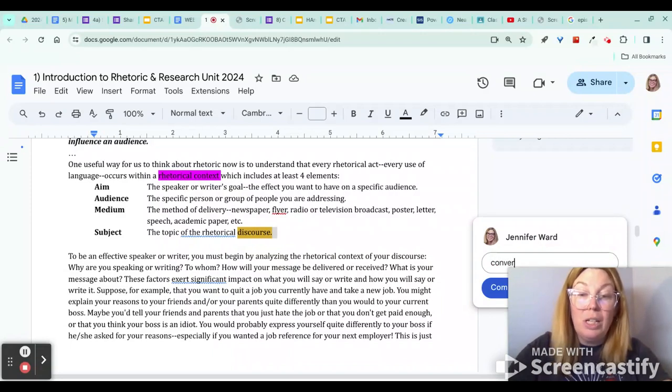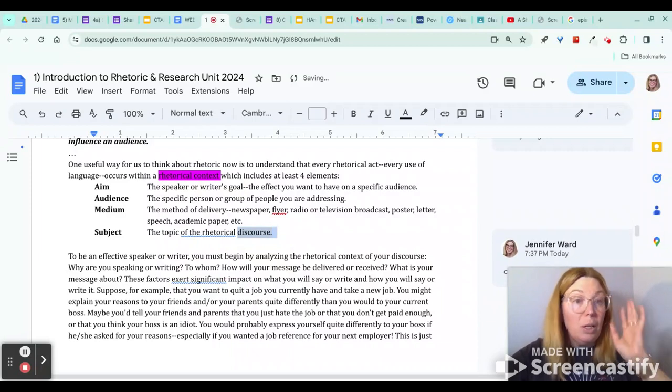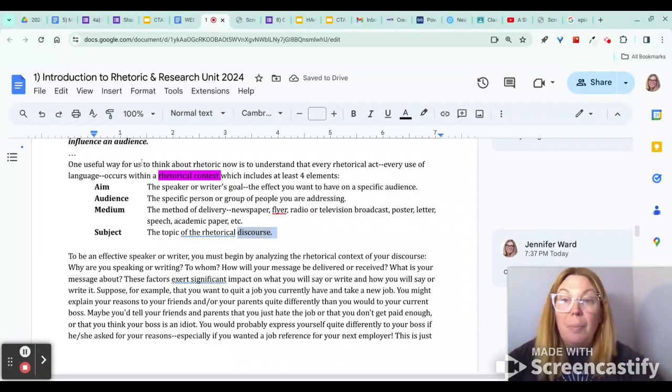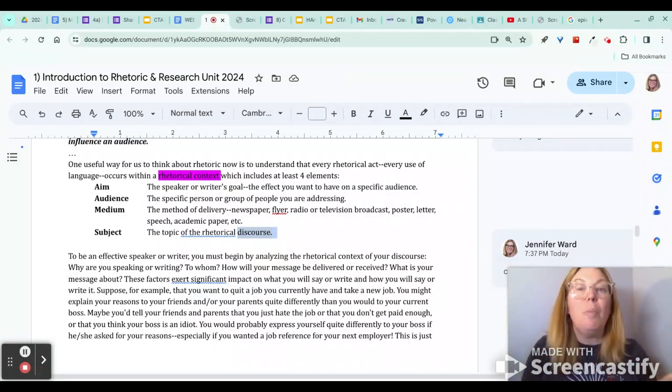And this part's interesting, and I like how she defines this because it's something we're going to use a little bit later too, because you can do this kind of like we did SOAPSTone analysis before with the poetry, to help you unpack why someone is putting together a particular piece. So think about it this way.